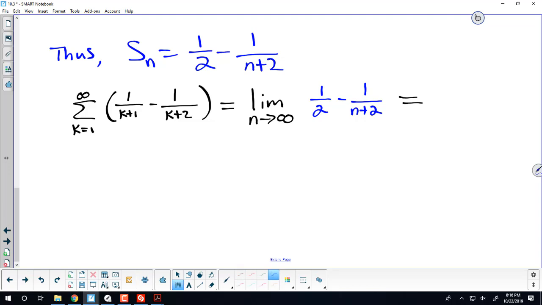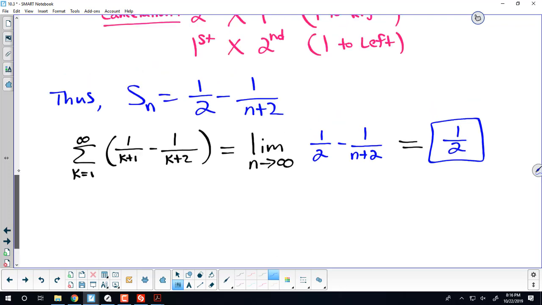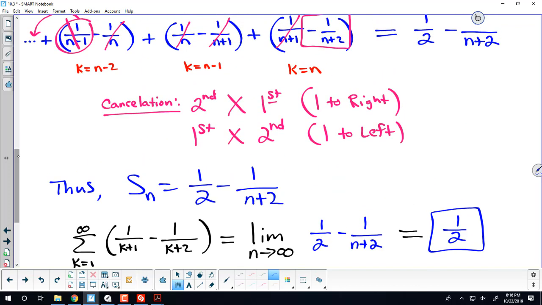The 1 over n plus 2, of course, goes to 0. So that entire infinite sum is just 1/2. All right, do y'all have any questions on this?